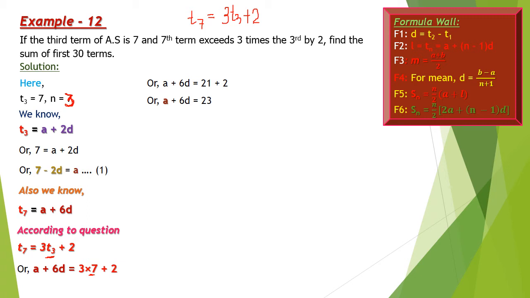Now we have the value of a as 7 minus 2d. Now let's put the value of a as 7 minus 2d from equation 1. You can see the value of a here and here. It is 7 minus 2d.